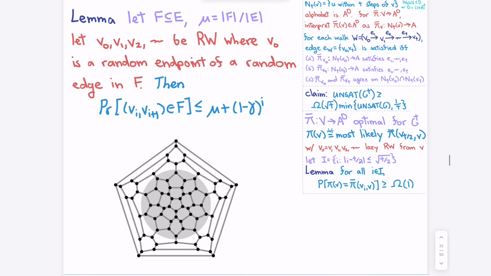All right. Now here is the next lemma. Okay, so let's say that in your graph, F is the set of edges, and this is where the expander part is going to come in.